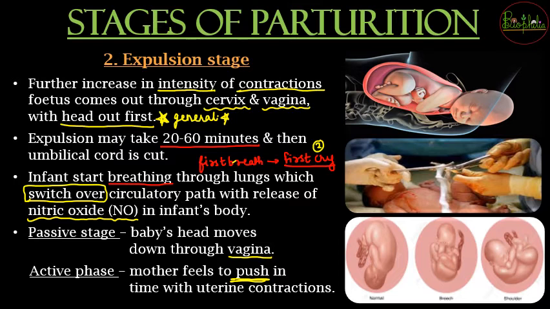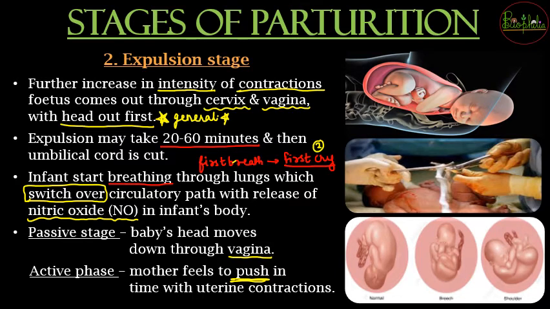Now the active phase, when the mother tries to push the baby, can last about 45 minutes for the first baby, or generally 30 minutes for a mother who has already had a vaginal delivery. So it can take about 45 to 30 minutes for the active phase of the expulsion to be carried out.